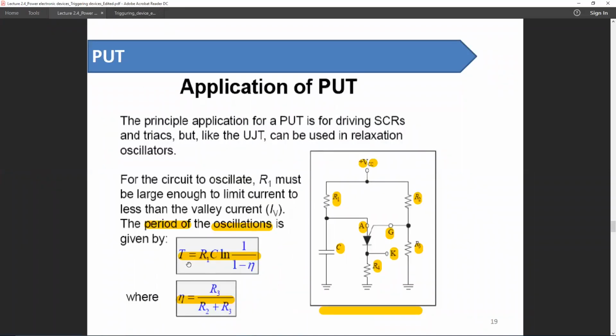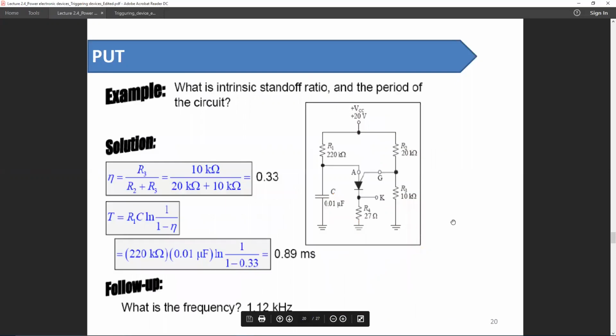So we can calculate the charging time of a triggering circuit using PUT. Again, this is the value of eta. If we know the values of resistance and capacitance, we can get the value of this timing or the frequency. This is a very easy math.